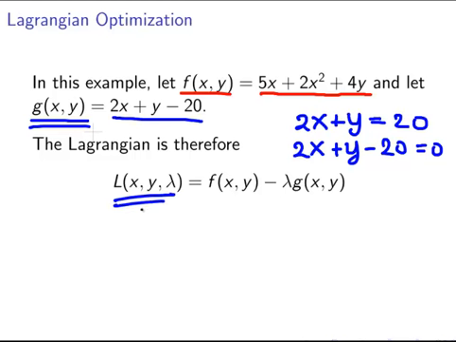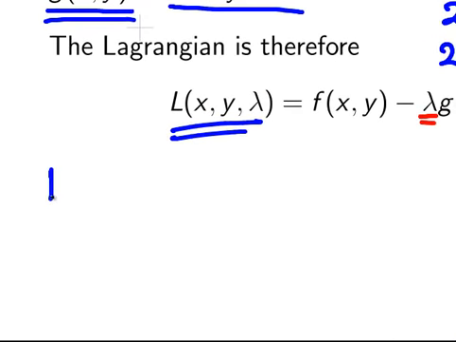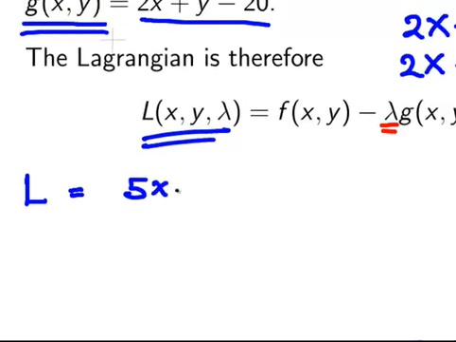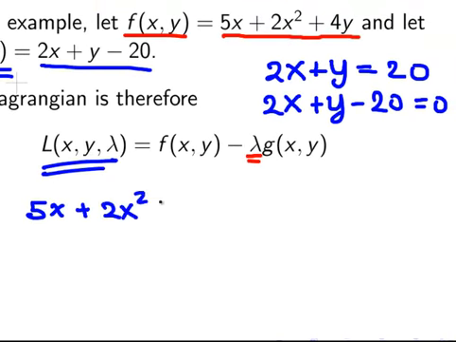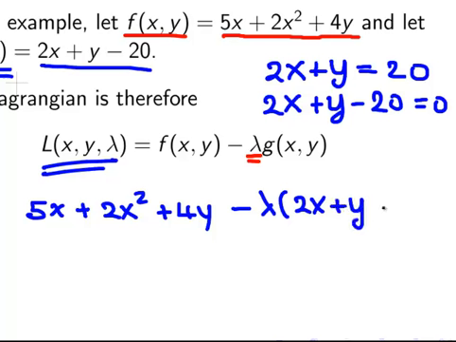So the Lagrangian therefore is this, and what we're going to do is multiply g of x and y by this term here, lambda, and that's going to be part of our expression as we go forward. So essentially what we have here is L, leaving out the arguments, equal to 5x plus 2x squared plus 4y minus lambda times (2x plus y minus 20).